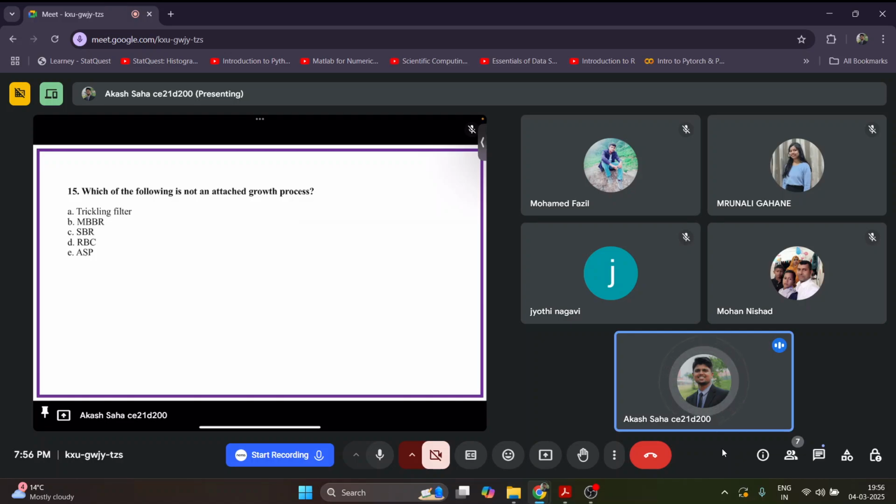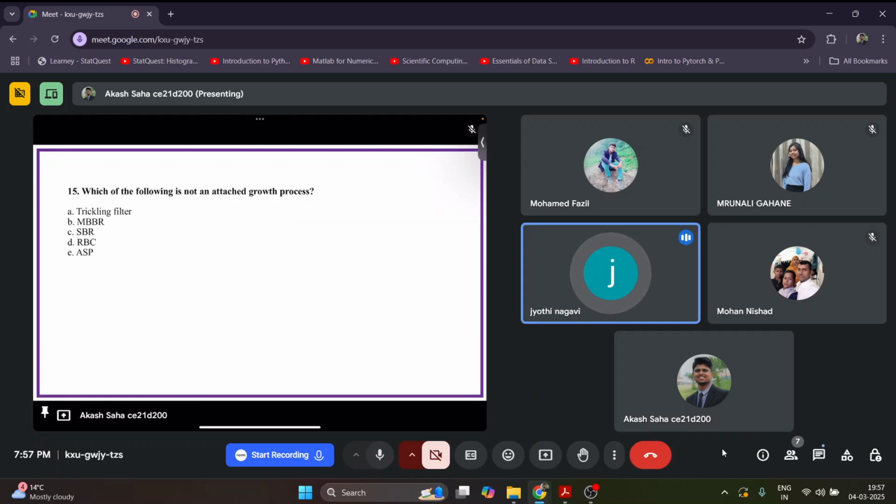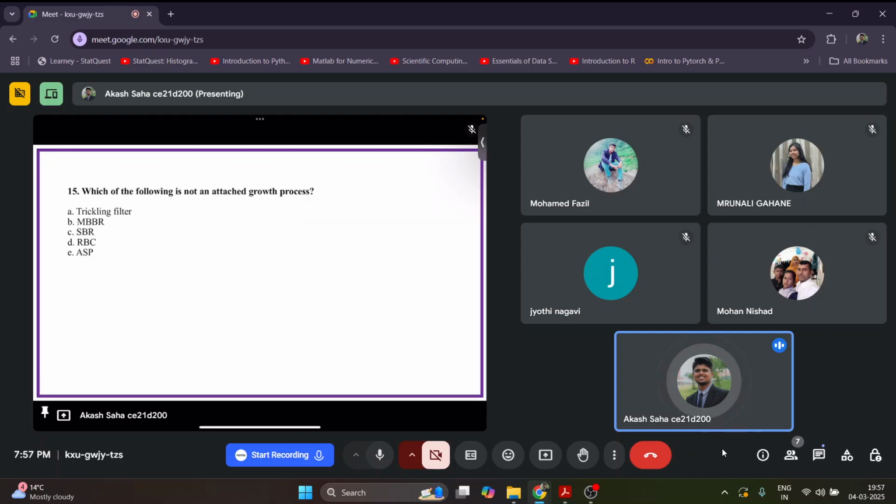Which of the following is not an attached growth process? Filter, MBBR, SBR, RBC, ASP. I hope you know the full form of these. Which of them is not an attached growth process? SBR and ASP. MBBR is nothing but moving bed biofilm reactors.